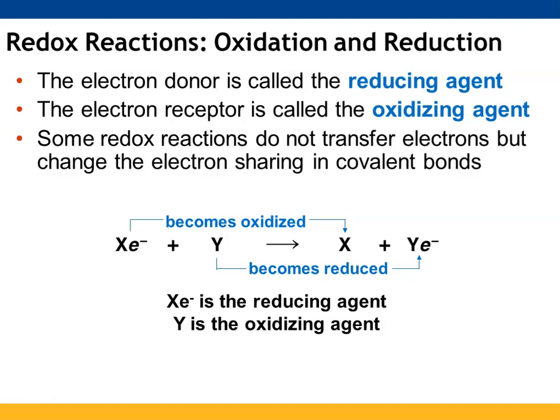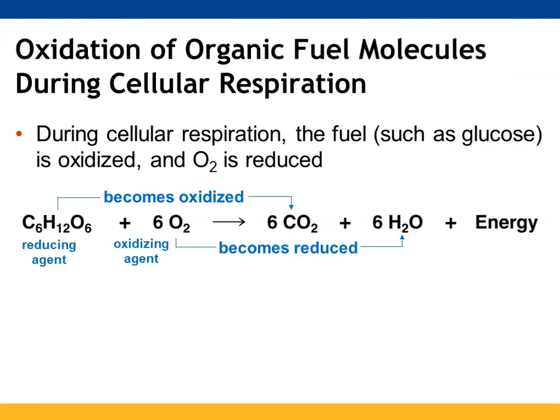What we're going to see with cellular respiration is that we don't physically have a transfer of electrons from our organic molecules to oxygen. But what we do have is a difference in how those electrons are being shared in the covalent bonds. So here we have glucose going to CO2, and we have oxygen going to water.